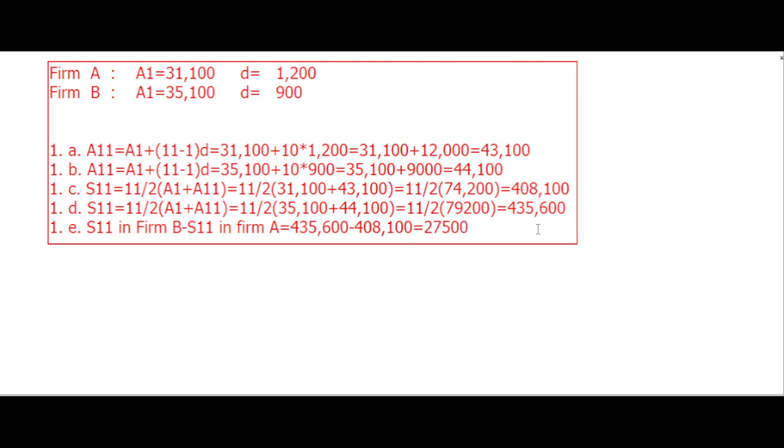This is the difference in firm B and firm A.